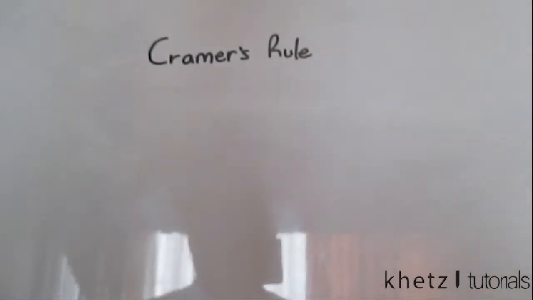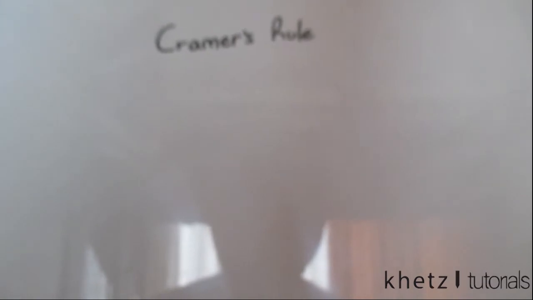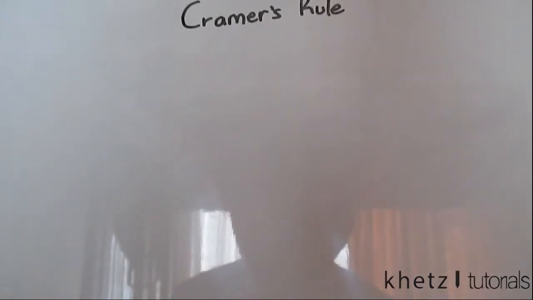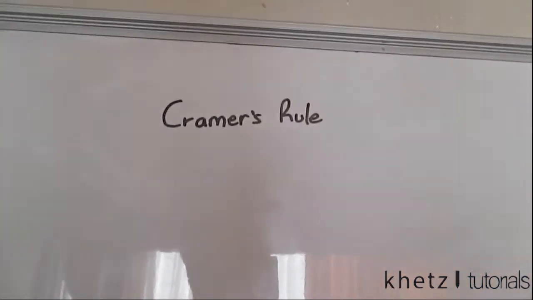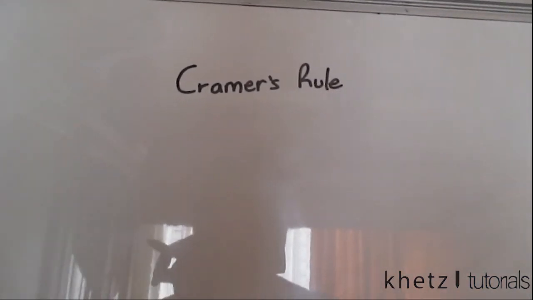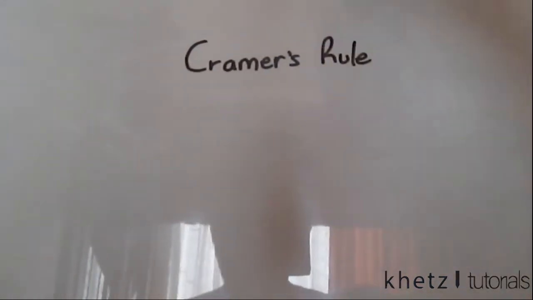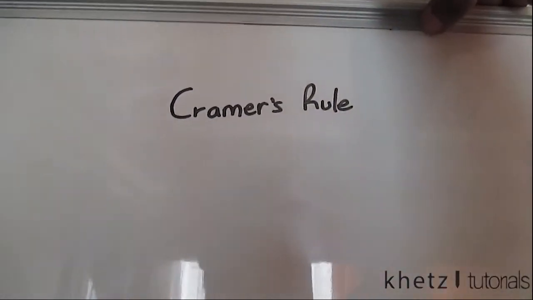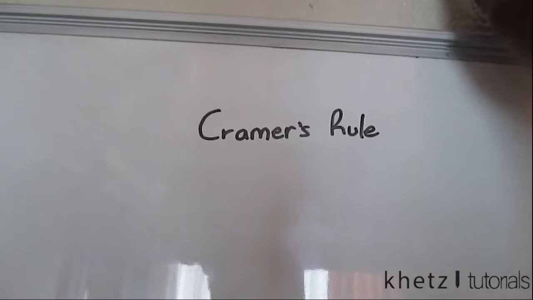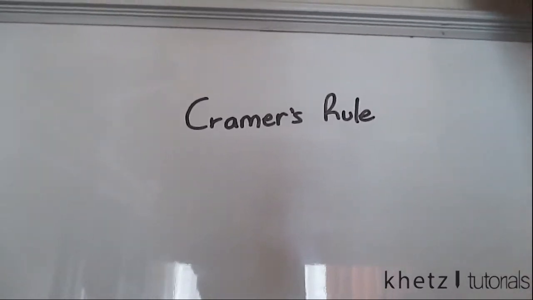So let's start off with a definition of Cramer's rule. There are quite a few requirements for you to use Cramer's rule, but if you're watching this video, you probably need to use it. But one of the requirements is the system of equations has to be linear and linearly independent.